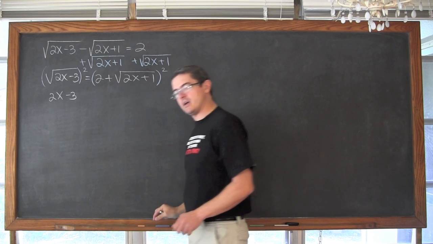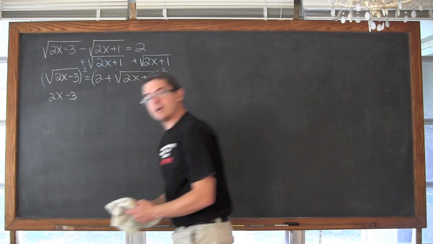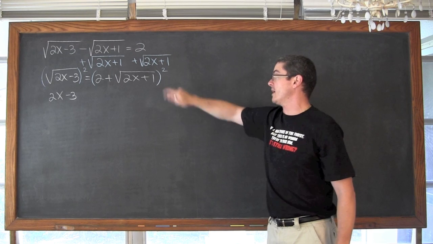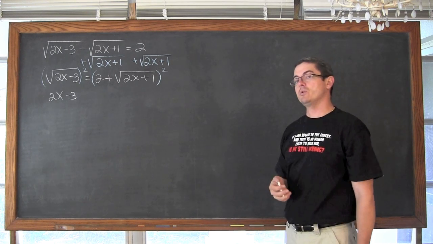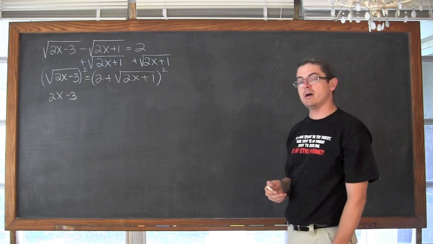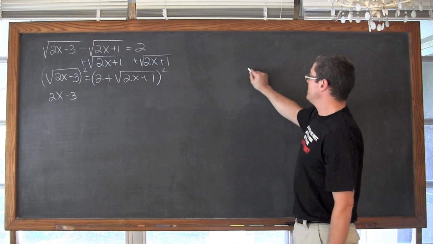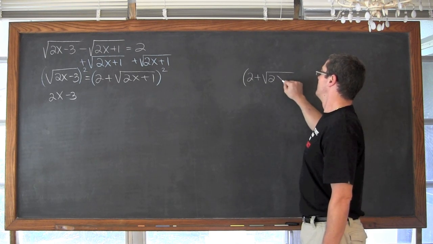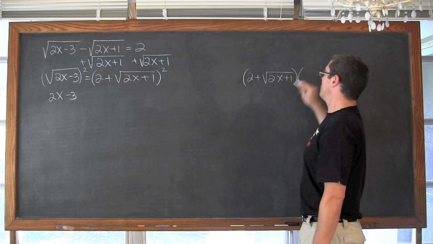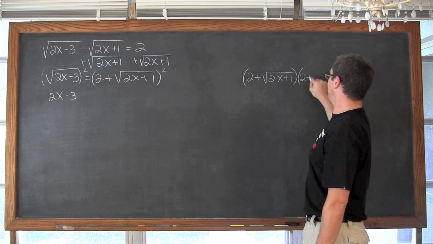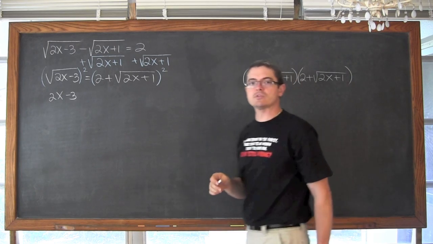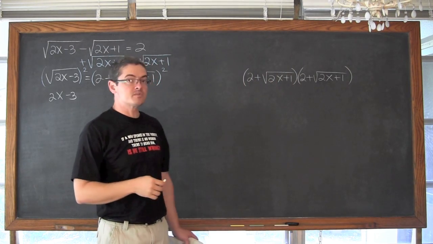And off to the side, might not be a bad idea to show a little bit of scratch work here to make sure you get this worked out right. 2 plus the square root of 2x plus 1. You need to actually write that down and do all the steps. Don't try to do them in your head, especially if you're still struggling a little bit with algebra and you make a lot of careless mistakes.